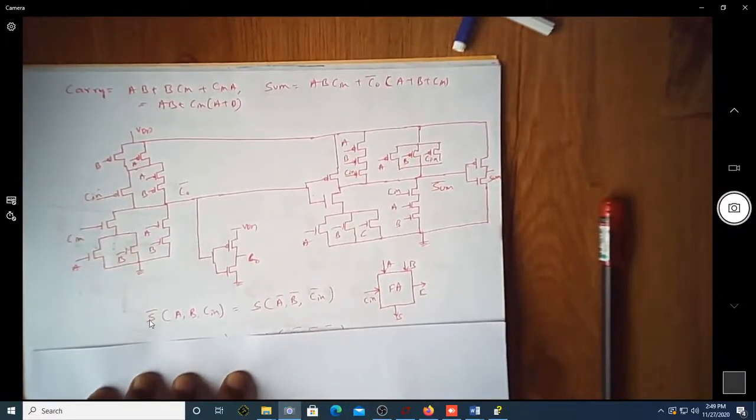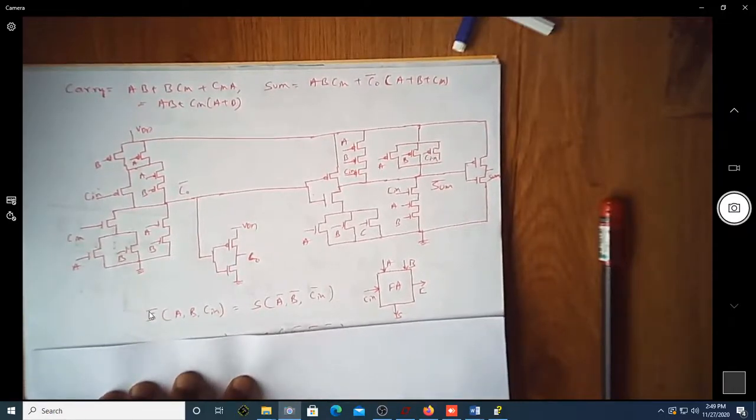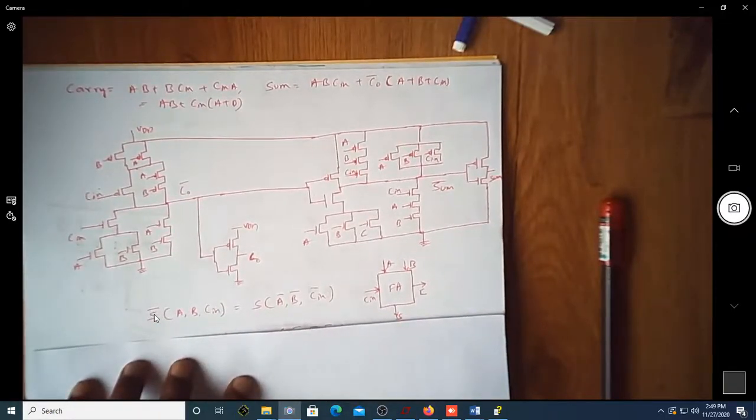Let us observe one interesting concept here. If you want to get sum bar in terms of A, B and C in, sum bar is nothing but sum with A bar, B bar, C bar.